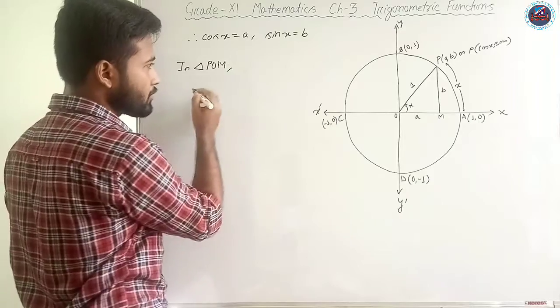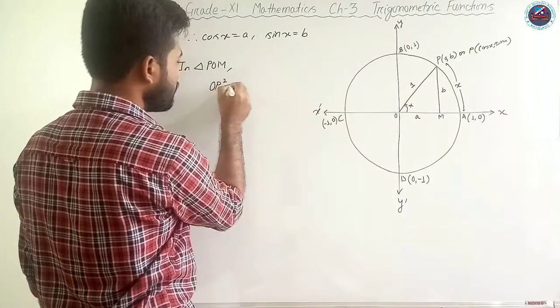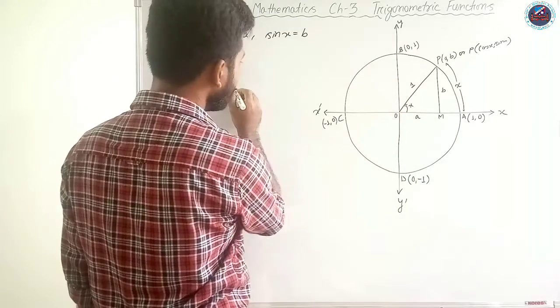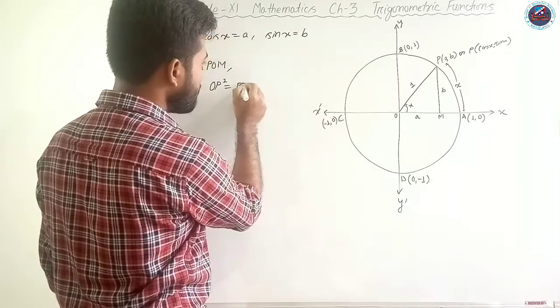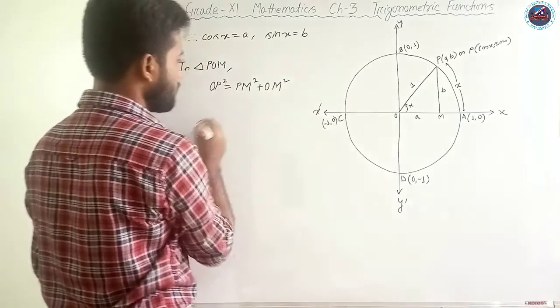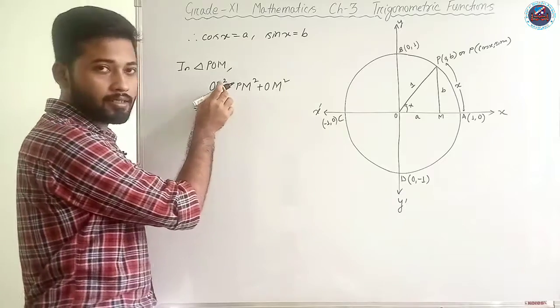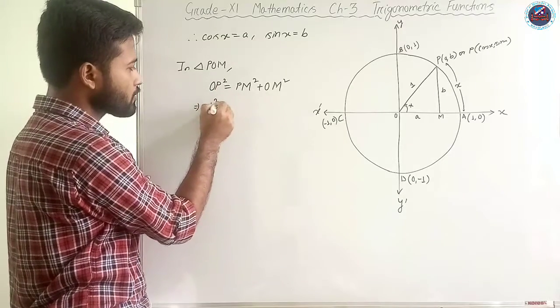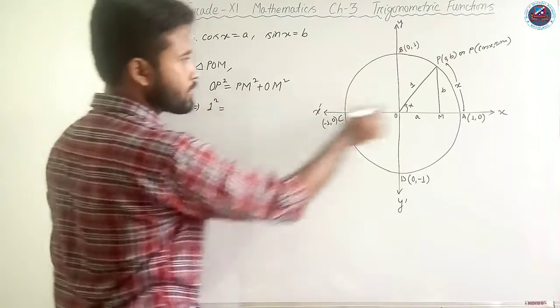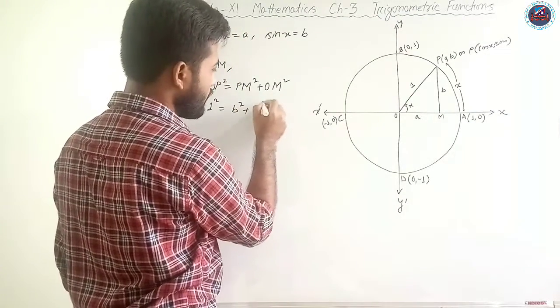So OP square, that is hypotenuse square, is equal to perpendicular square, that is PM square, plus OM square, that is base square. OP is the radius of the circle, so it will be 1 square, PM means B square, and OM means A square.